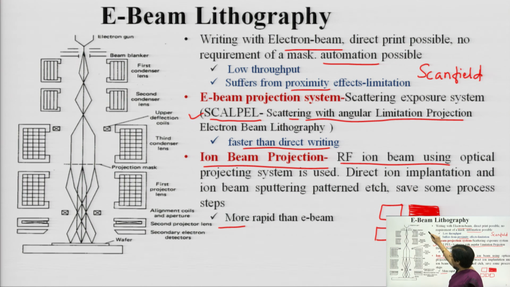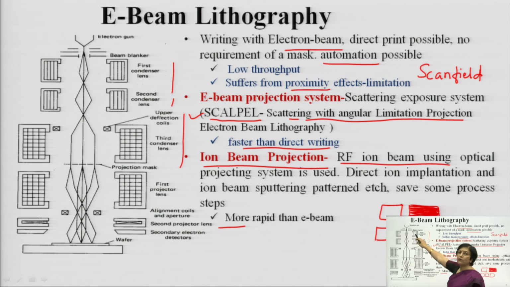For exact alignment and focus, you have different lens systems which ensure that the alignment of the beam and the scan field I told you about is precisely covered, the area is properly covered, and the writing of the pattern is accurately done onto the wafer. You have the projection system also. If you are using a mask, you can use it in this case, but this system can also do without a mask.